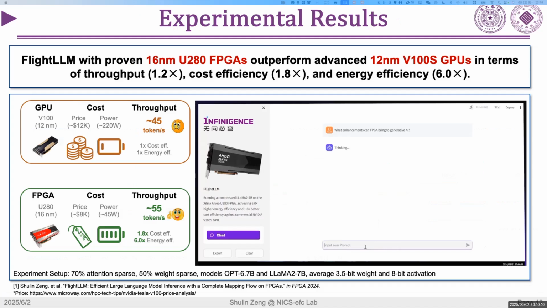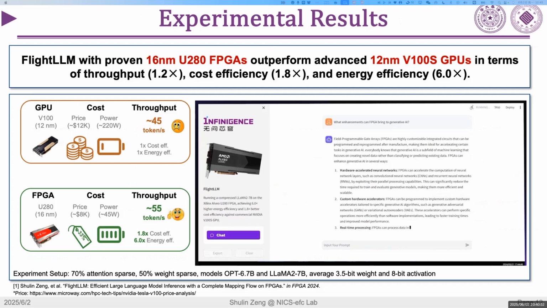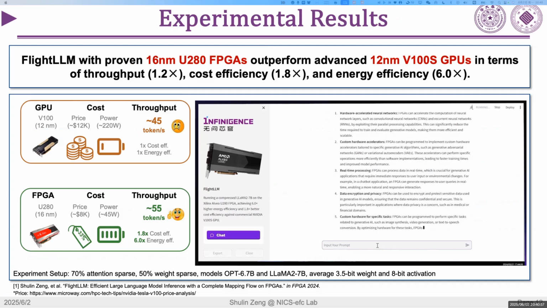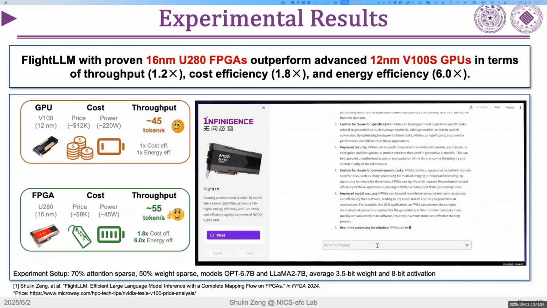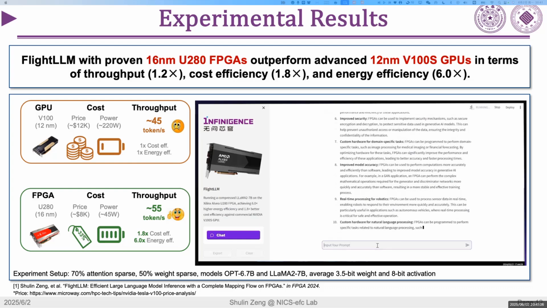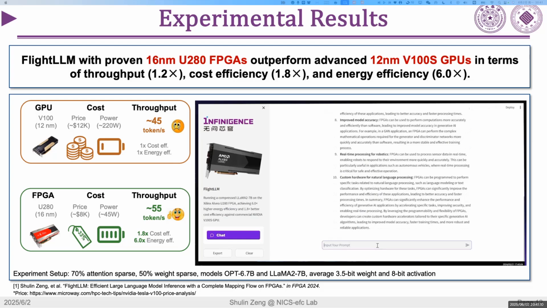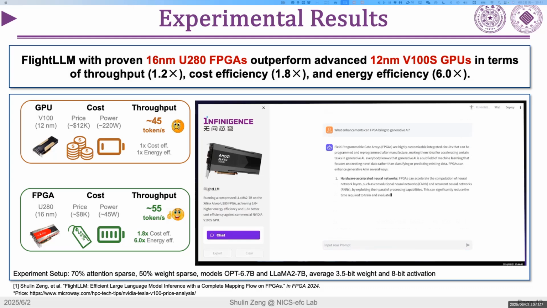So here shows our demo implementing our FlightLLM on the U280 FPGAs. We can see that FlightLLM on a 16 nanometer U280 FPGA can outperform an advanced 12 nanometer V100 GPU in terms of better throughput, better cost efficiency, and also higher energy efficiency.